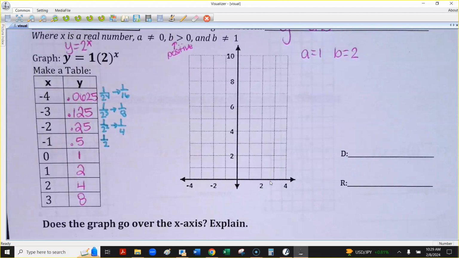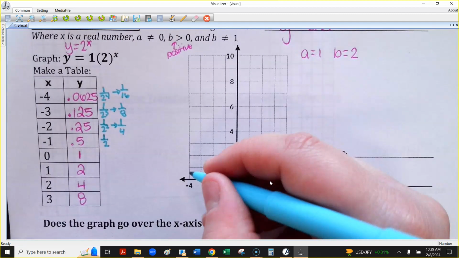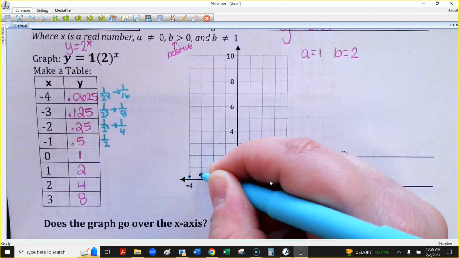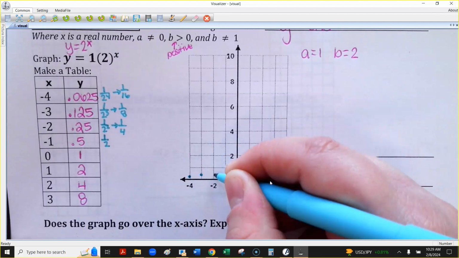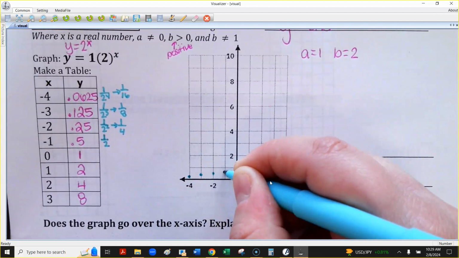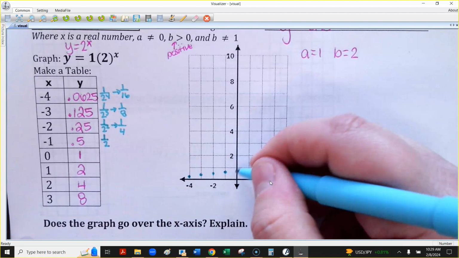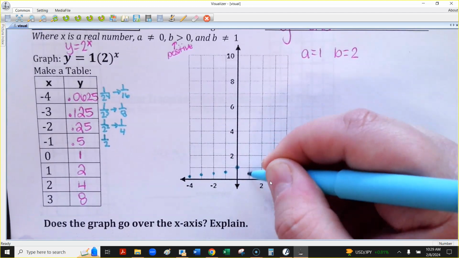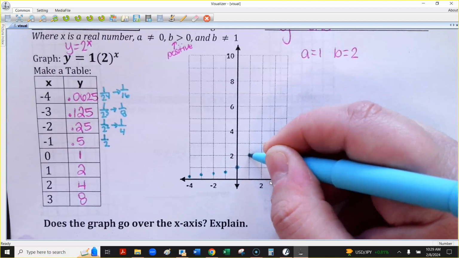Okay, now I'm just going to come over to the graph and we're just going to plot a couple points here. So if it's a fraction, some of these are really close to the x-axis. Just do your best to estimate. And then once you get to the y-axis, then they should actually be nice numbers, and then they get really big really quick.